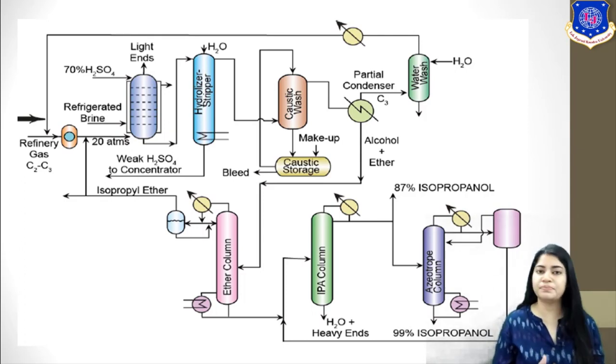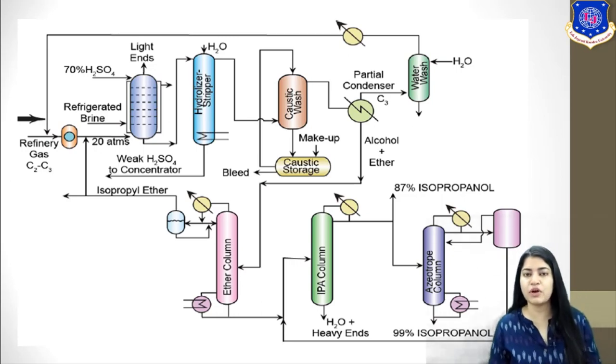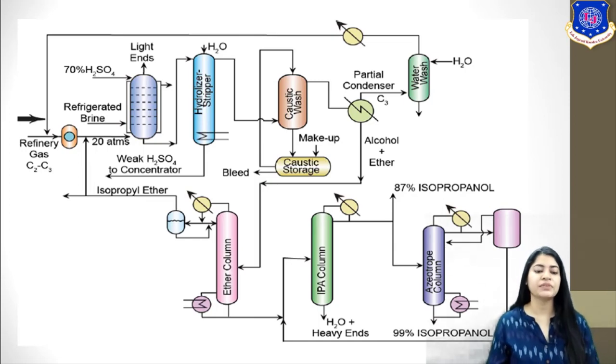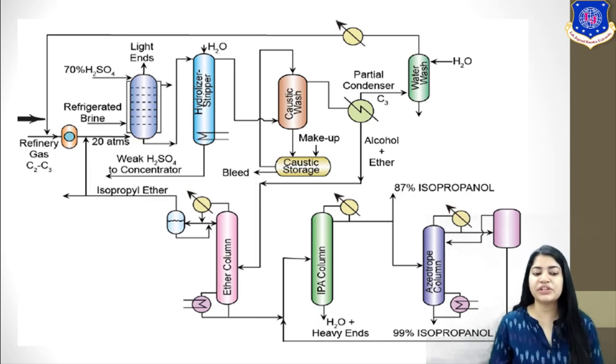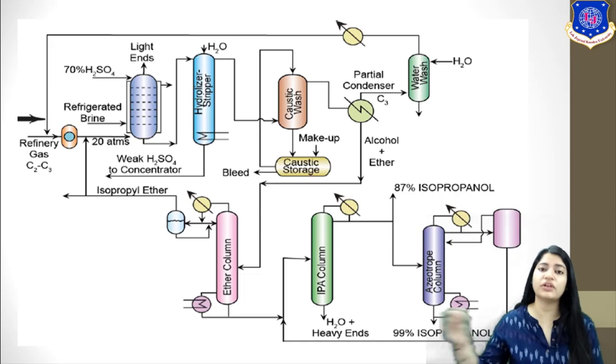In mass transfer operation, you might have studied counter current absorption, which leads to a high amount of transfer of your solute from the gas phase into your liquid phase. So the pressure is increased up to 20 to 25 atm. Now from this absorber you are sending into the hydrolyzer stripper, where you are adding water. This is the second phase of your reaction. Water is added, it means now hydrolysis will go on.